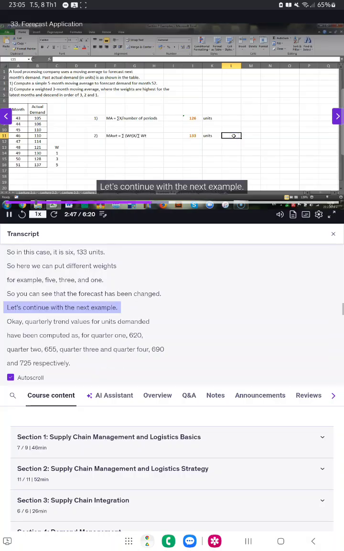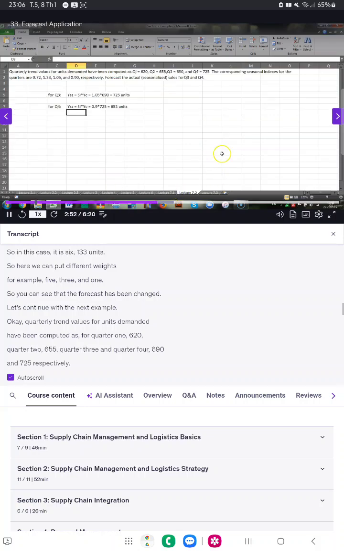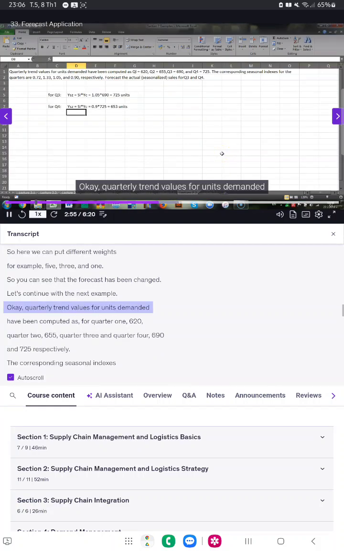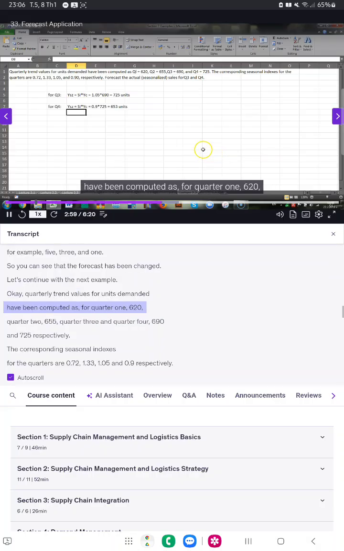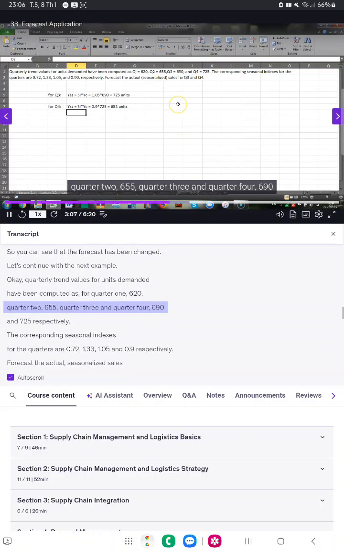Let's continue with the next example. Quarterly trend values for units demanded have been computed as 620 for quarter 1, 655 for quarter 2, 690 for quarter 3, and 725 for quarter 4.